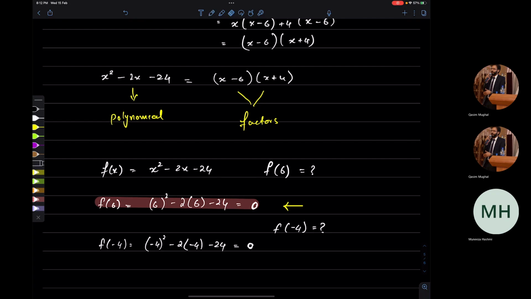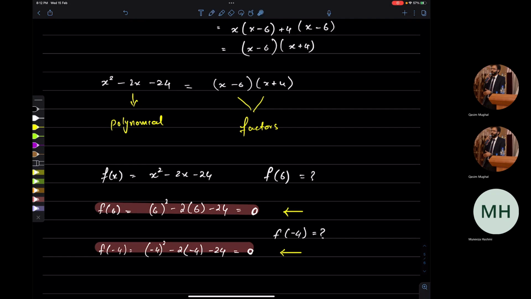That's again a very important point to note here. You won't get 0 as an answer for any other number for this polynomial. These are the only two numbers which will give you 0.